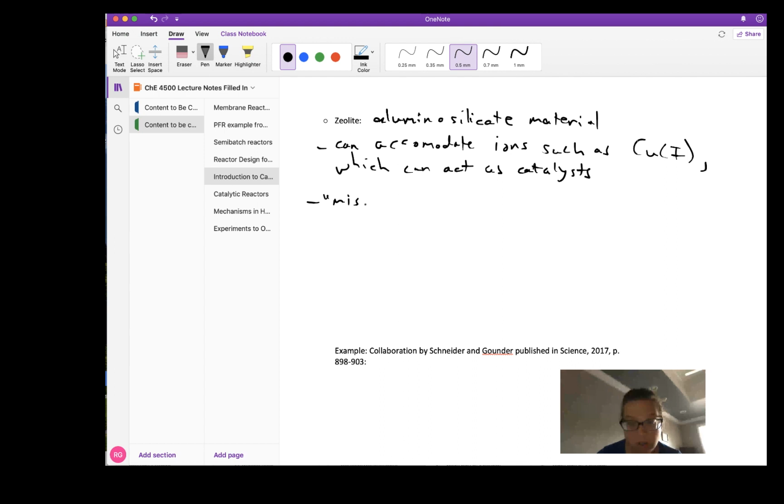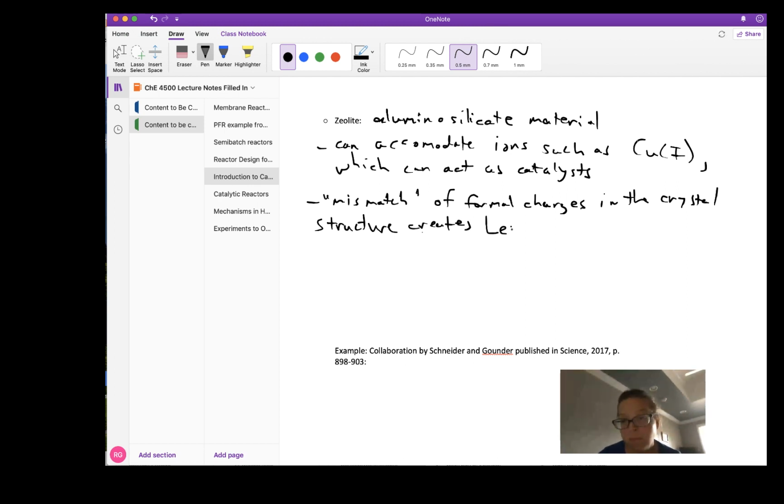So we'll say mismatch of formal charges. And those can act as catalysts.